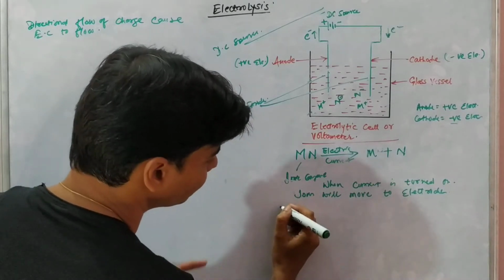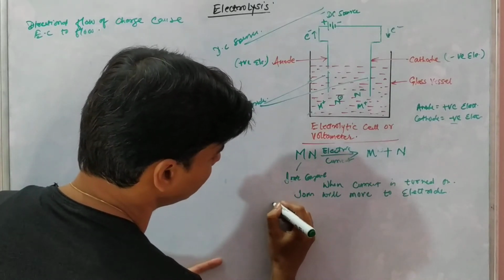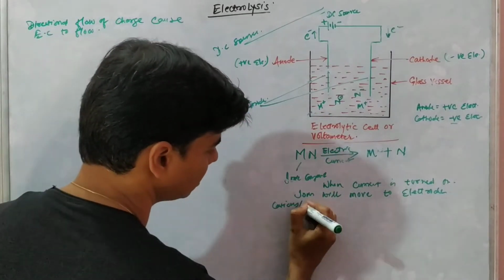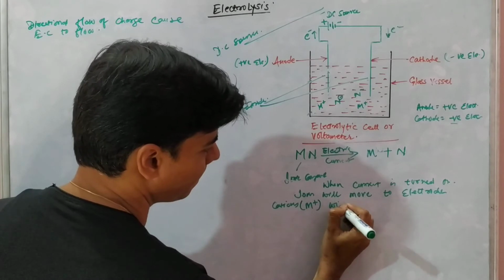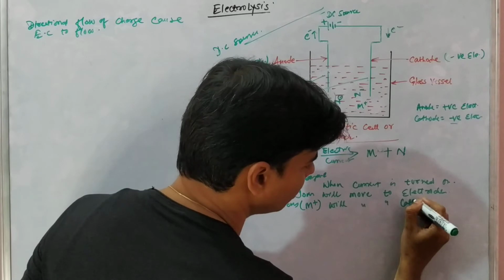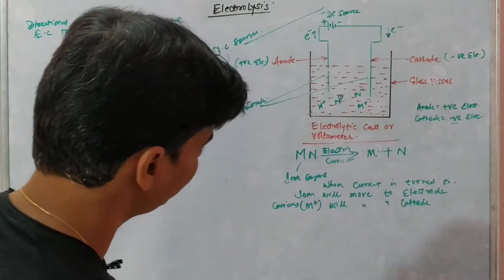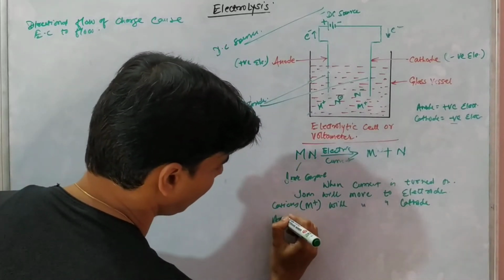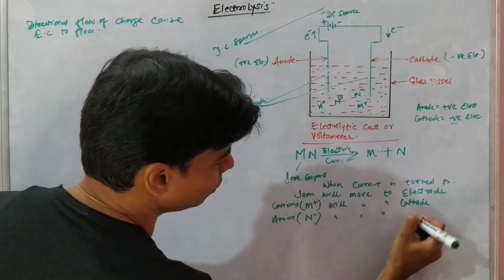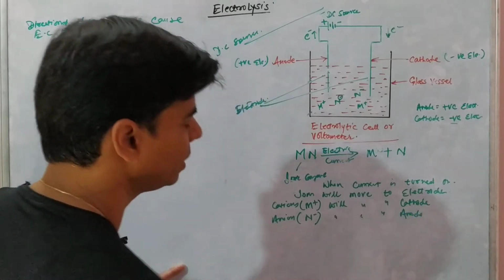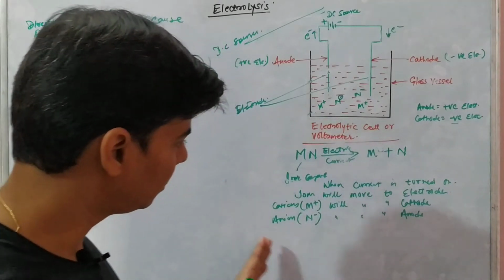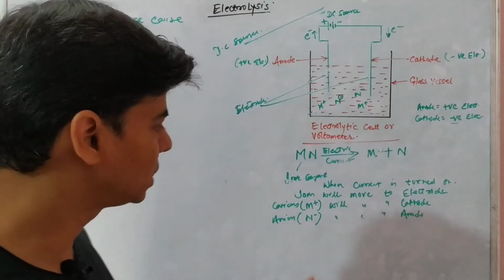So cations, we know, are positive ions, that is M plus ions, and cations will move to the cathode. And anions, which are N minus ions, will move to the anode. There is a way to remember this, because in all electrolysis processes we'll have this procedure, so it is important to understand this.